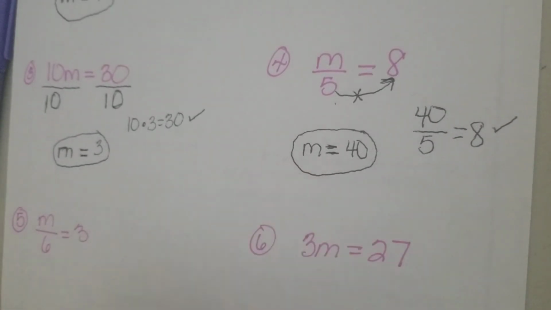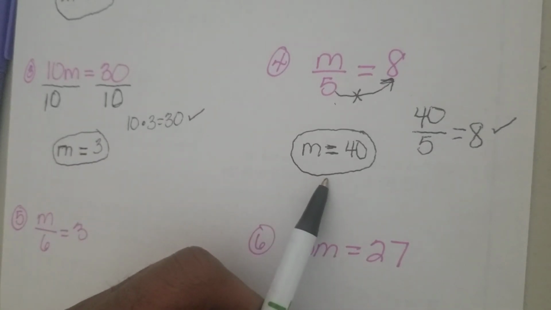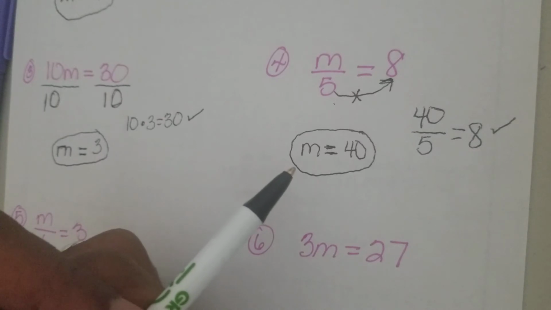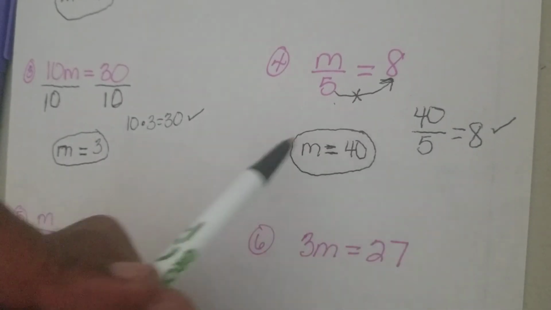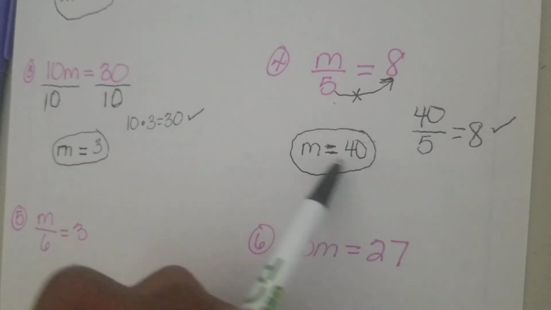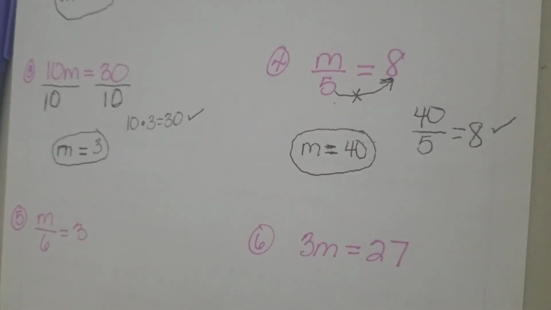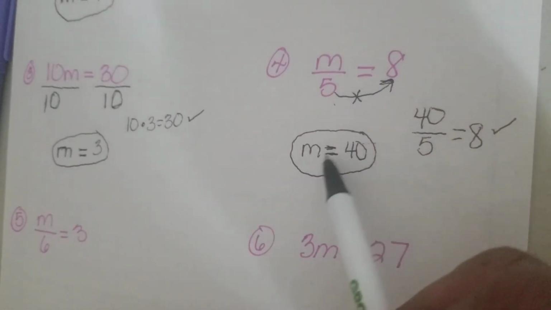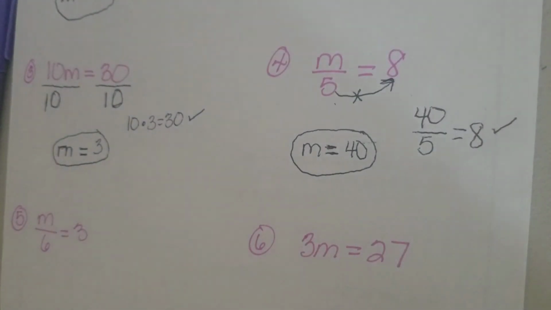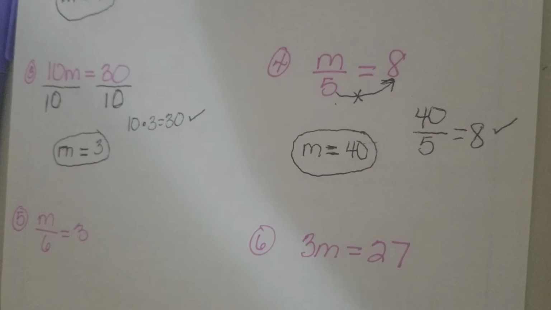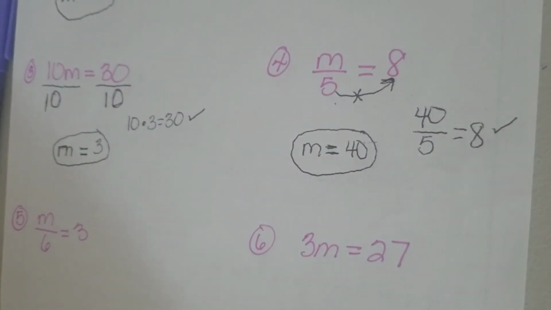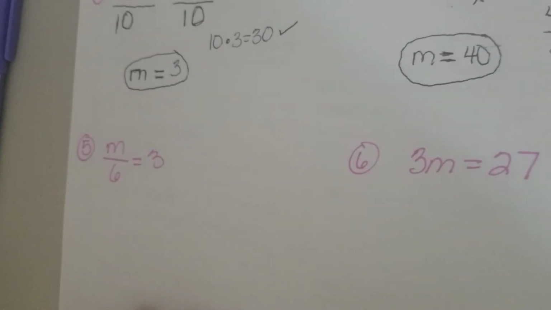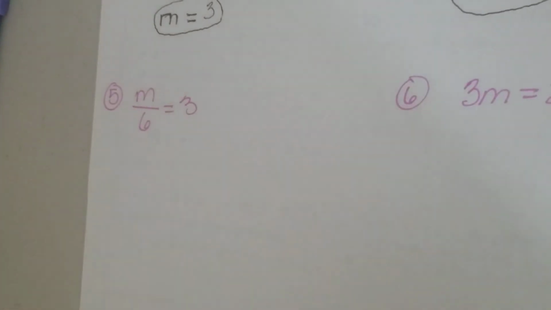And I was thinking of that because I noticed I've been circling my answers before I've checked them. So if this had been wrong and I double checked it, then I would have to, you see all this space I would have to give up? You know, you want to make sure you write the answer clearly instead of trying to write over your answer. So that's why I choose not to use a pen. And wow, I do apologize for that, but it is what it is, and we're going to work through it.